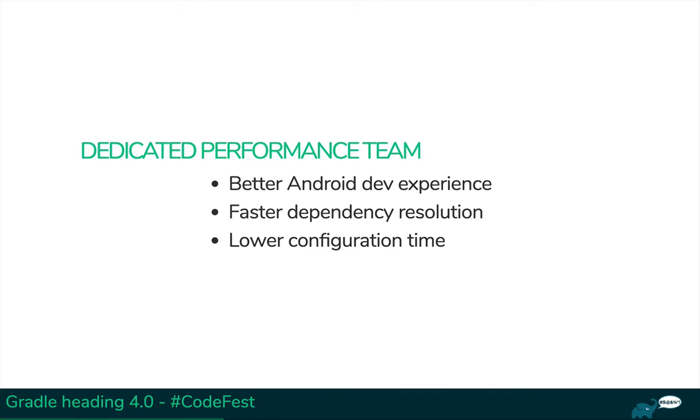Another thing we're currently working on is faster dependency resolution, especially in big builds. That's taking quite a lot of time. We're currently working on resolving dependencies in parallel and making it in general more performant. And last but not least, there's still space for improvement when it comes to configuration time.